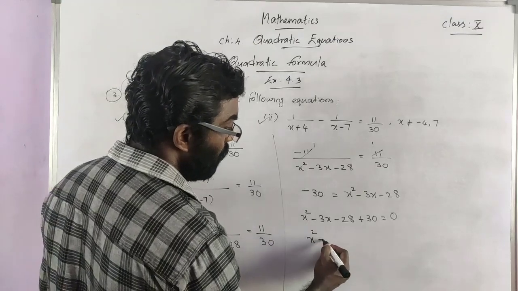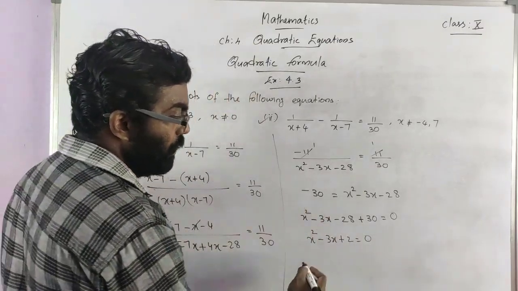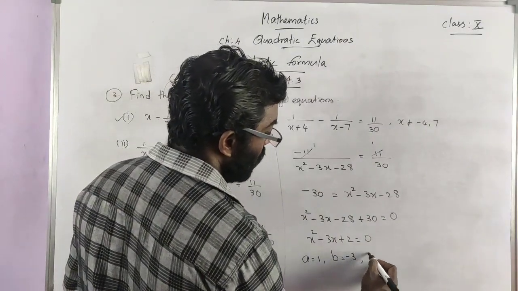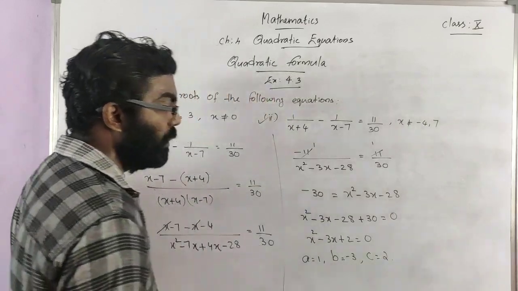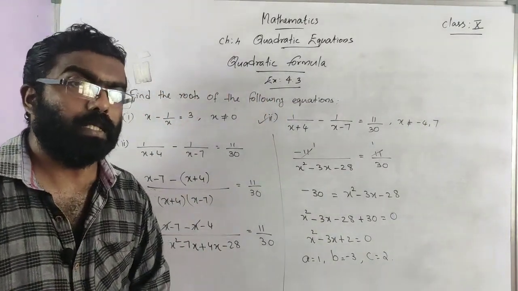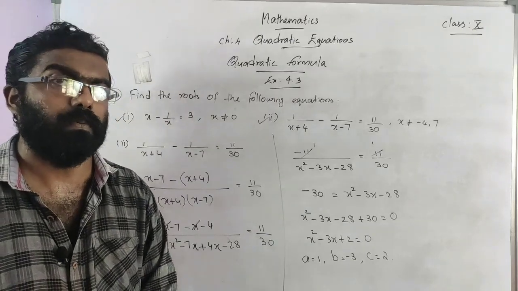That is x square minus 3x plus 2 is equal to 0. a is equal to 1, b is equal to minus 3 and c is equal to 2. On applying the quadratic formula you will get the solution. The remaining part you can do yourself.